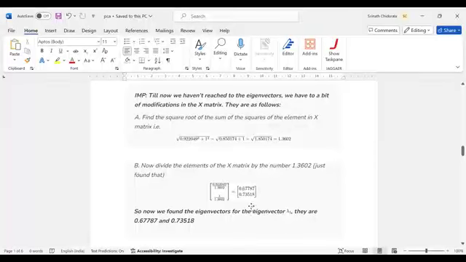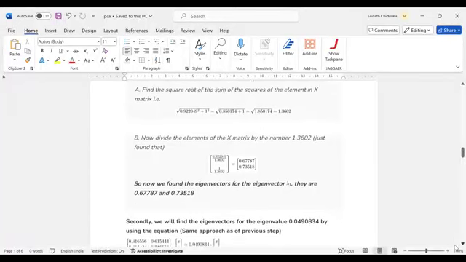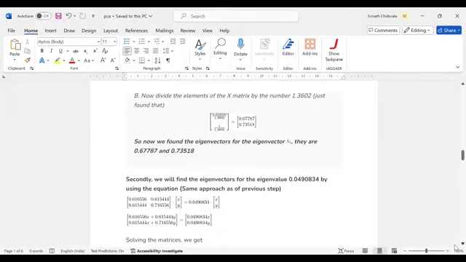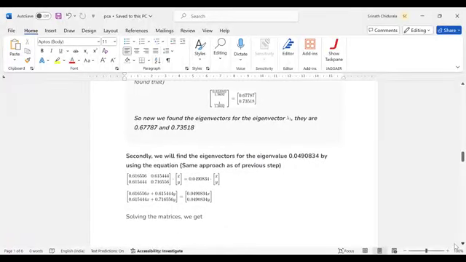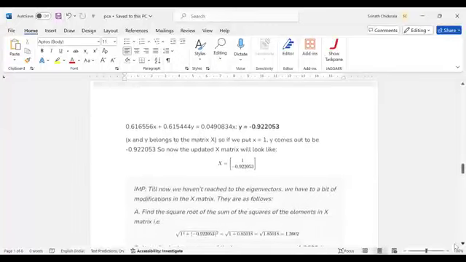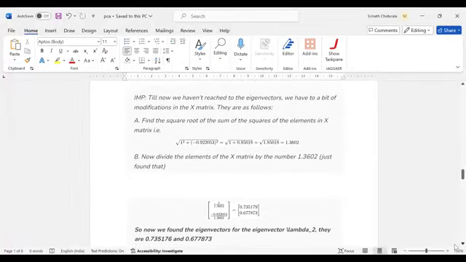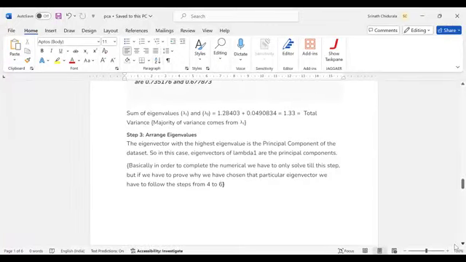So these are the eigenvectors. You can go through this mathematics if you like. I'll share this. And then for another eigenvalue, again the eigenvectors got generated. All the solution that's given here, you can go through it.